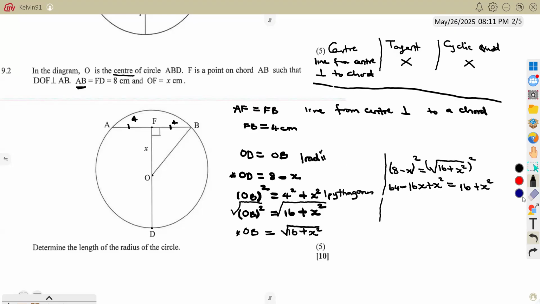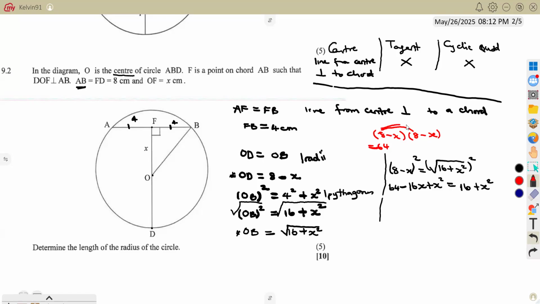It is very important to take note that the expansion can be done step by step. It's going to be 8 minus x multiplied by 8 minus x. So this 8 multiplied by this 8 is going to give us 64.